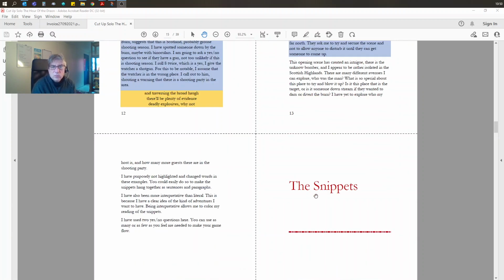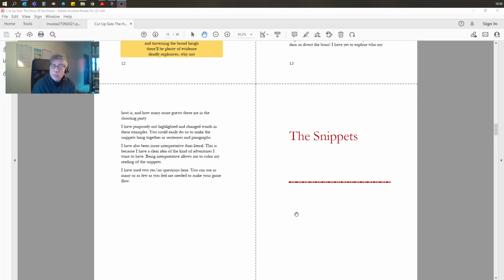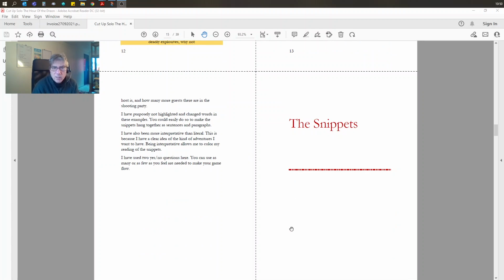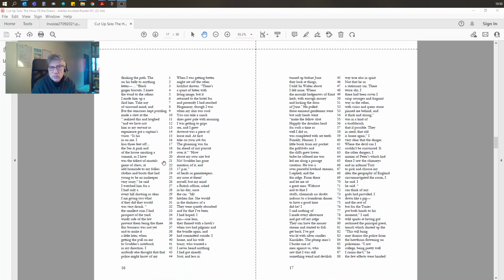There's also in here I've used the yes no oracle that's built in, to see whether I can defuse a bomb or not. And then of course the bulk of the book is the cut ups. It's numbered 1 to 1,000, so you use a D1000, and the two sets of cut ups are completely independent.